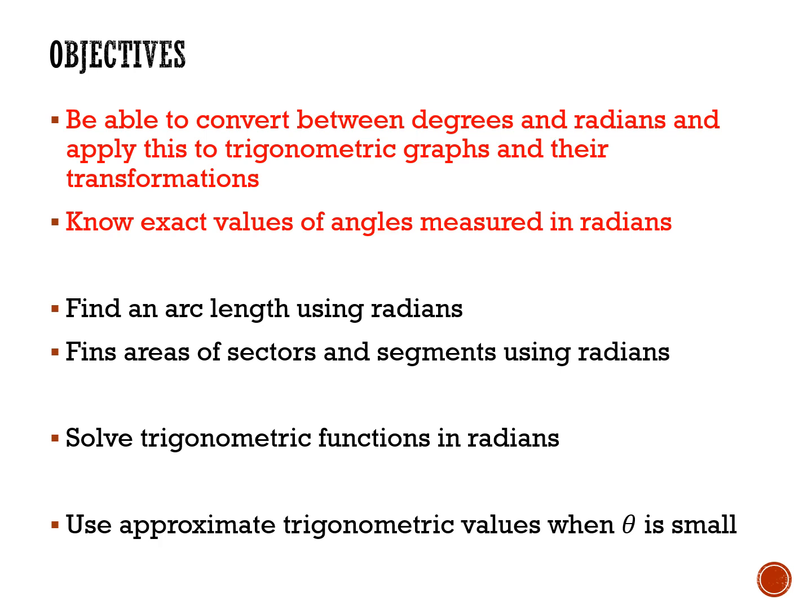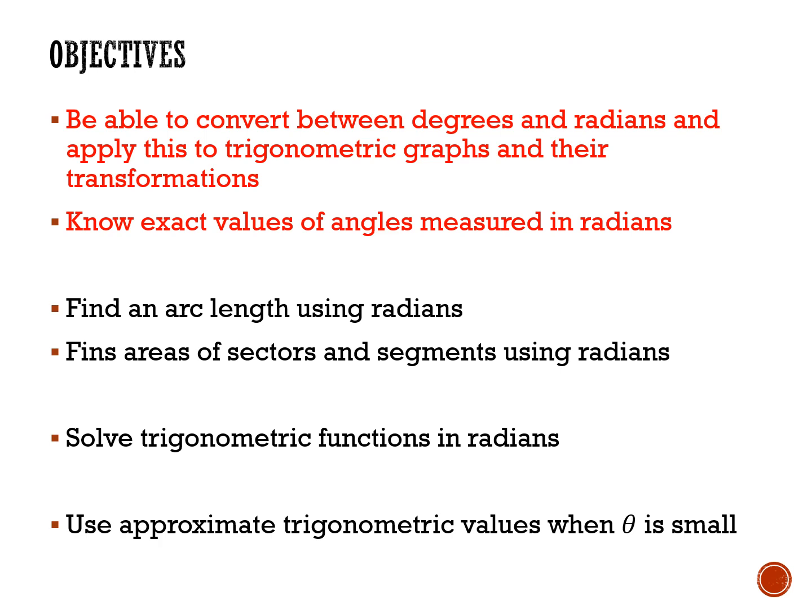We'll need to be able to switch between degrees and radians, have a look at drawing trig graphs in radians, transformations of those graphs, and then have a look also at angles that are measured in radians. We already know some exact values for angles like sine of 30 and cos of 45 and that sort of thing. So we're going to look at the equivalent measures in radians.